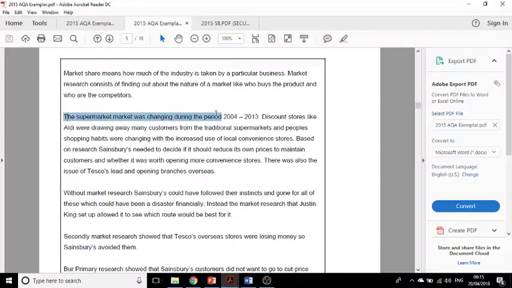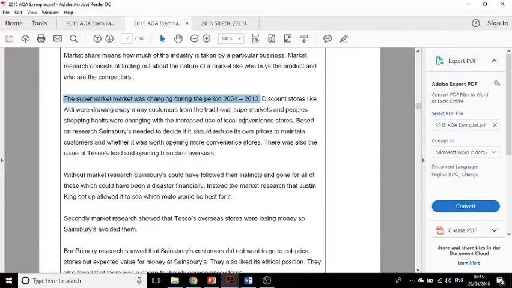The student puts it in context at the start of the paragraph by saying that the supermarket was changing during 2004 to 2013. And they've used a combination of their own knowledge and the case study to explain how.